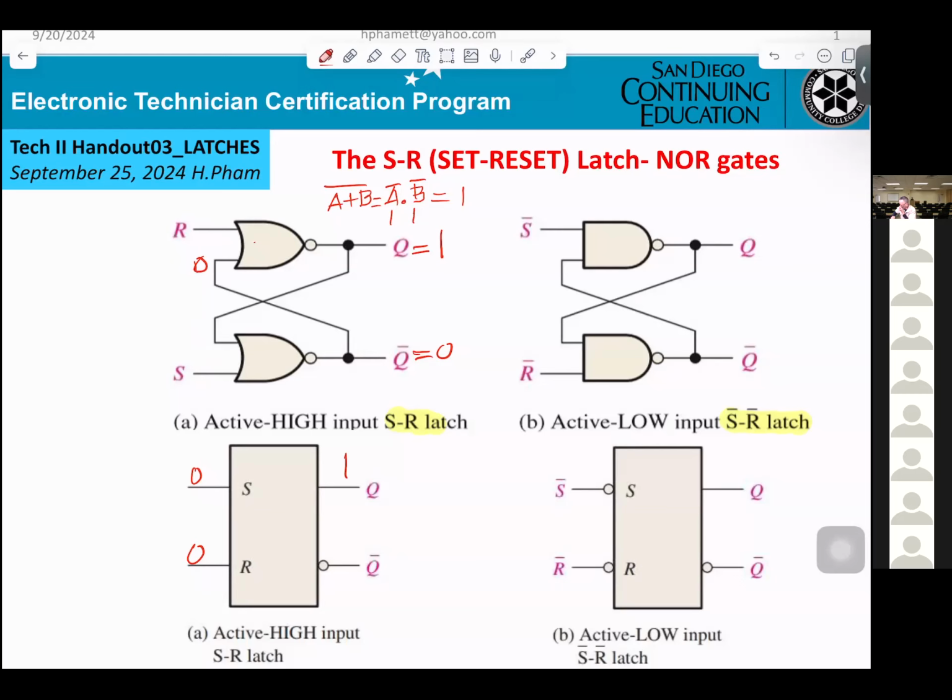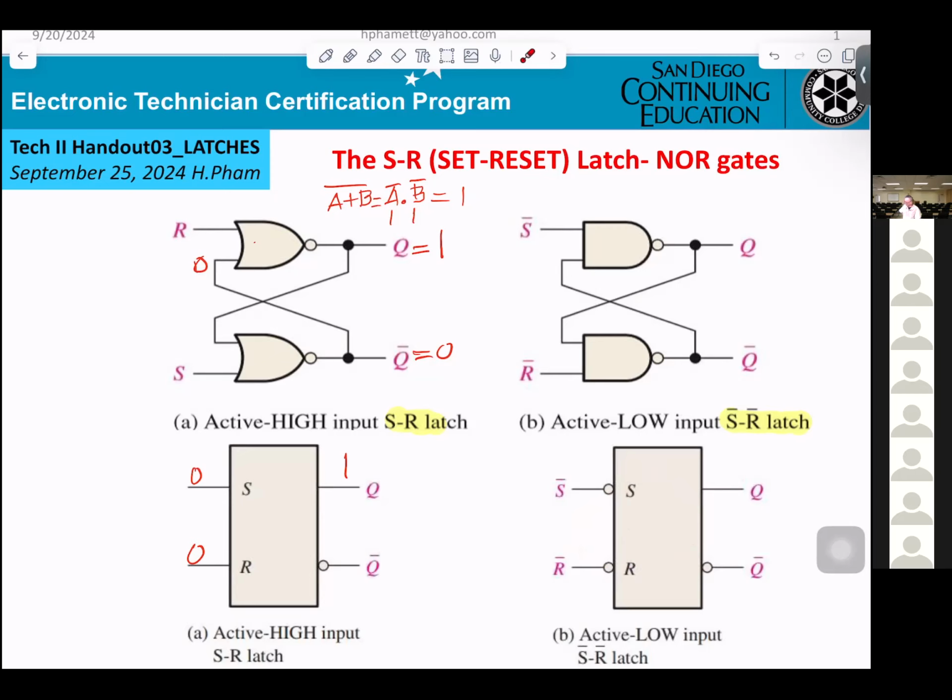So, basically, for S R latch, you can get the inputs as either 0 0, 0 1, 1 0, 1 1, and you can calculate the output. Same thing for that one.